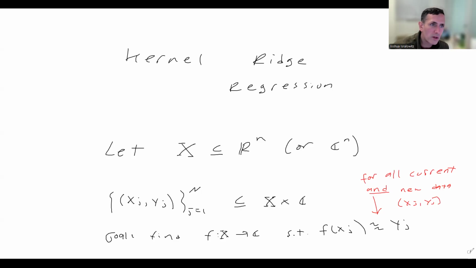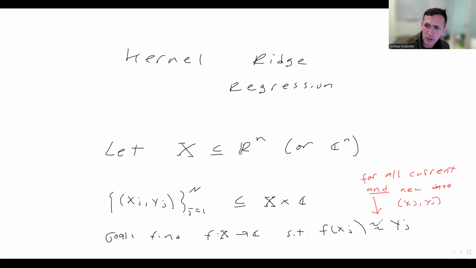Okay, and one way to do this is kernel ridge regression. If there's a nonlinear relationship between x_j and y_j, and you don't have a lot of data points, this is a good, classical method.